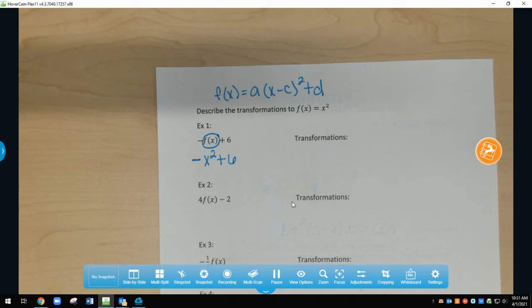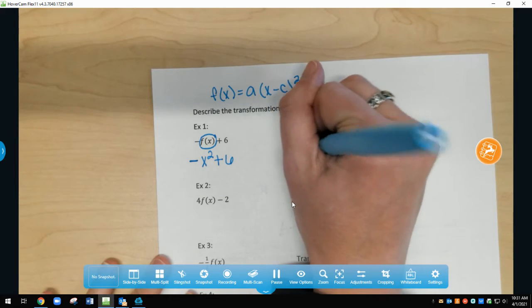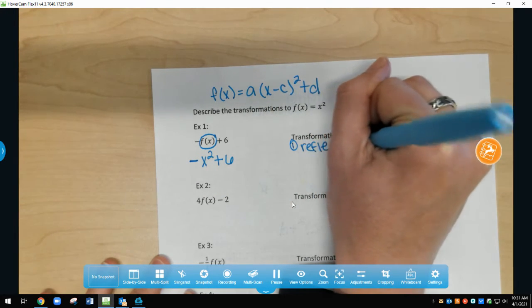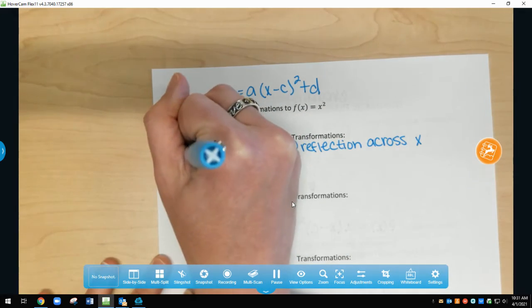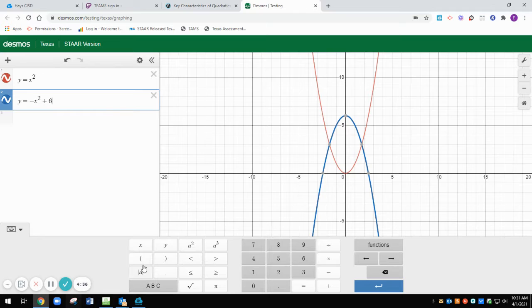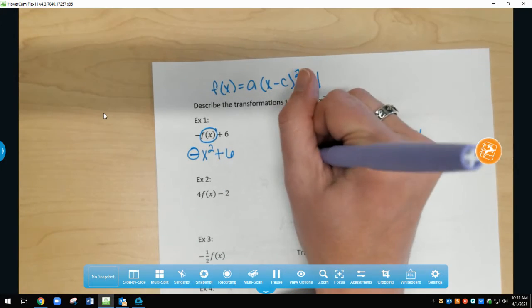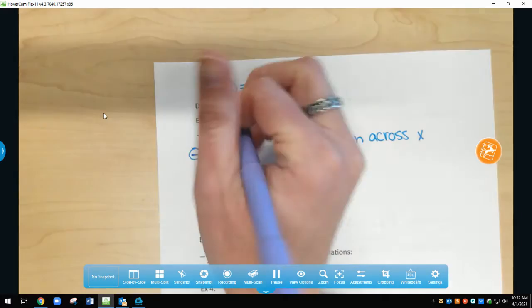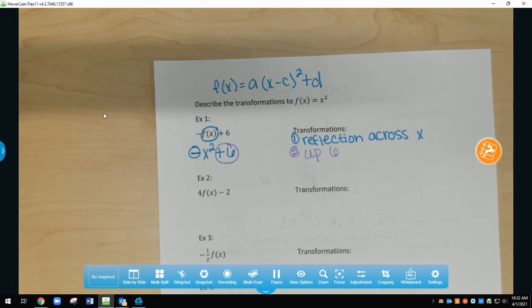So that means that one transformation was a reflection across x. Okay, and that's what this negative did. If we look at the graph, and you're really focusing on the vertex, so this was our original vertex, we moved up 6. So we translated or slid our graph up 6, and that plus 6 is what did that.